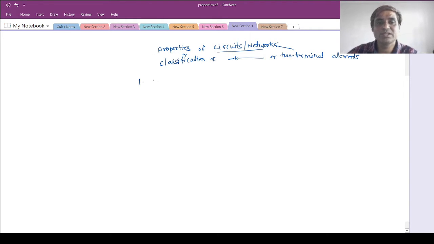So the first property of circuits is lumpedness, with which I will classify the circuit or network as a lumped or distributed network.